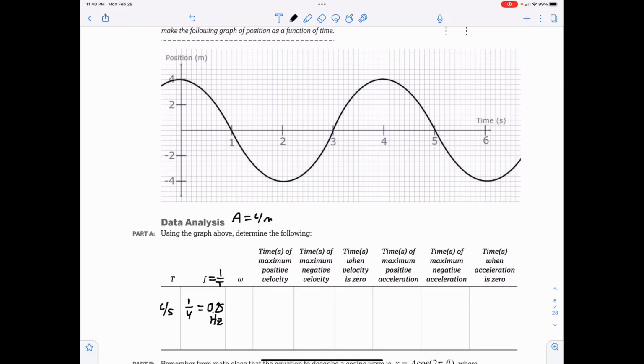Okay, the omega is 2 pi over the period. So if I go 2 pi over 4, that's going to reduce to pi over 2 radians per second.